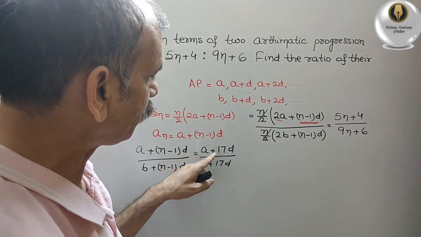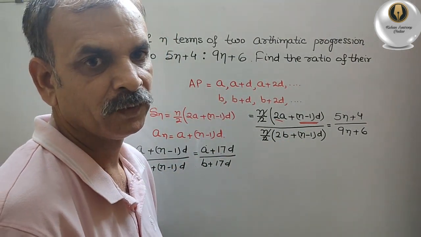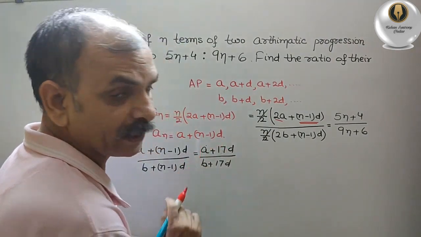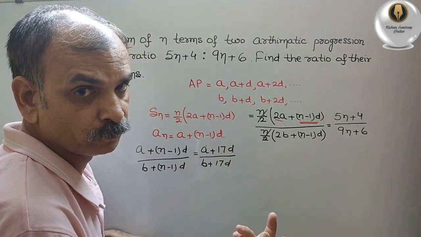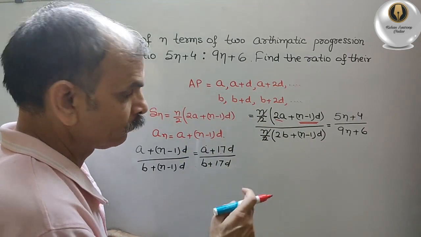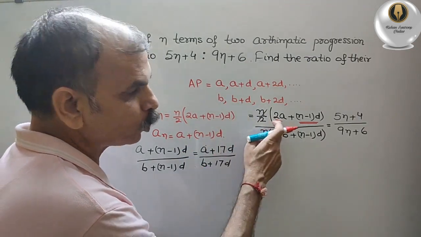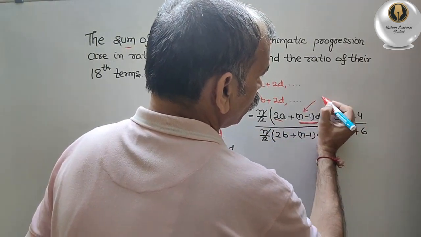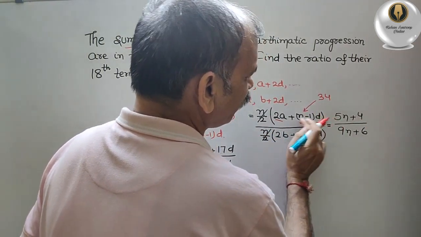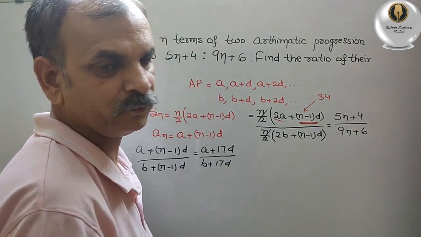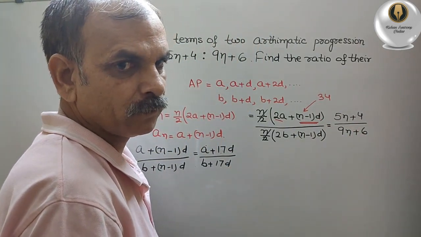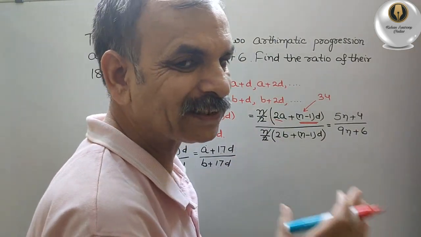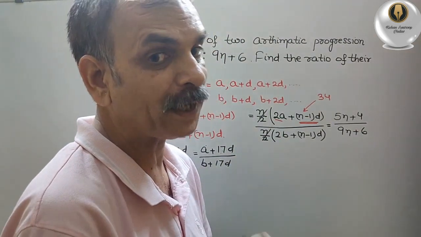But we want a plus 17d. So what we will do? Just multiply 17 into 2. 34 minus 1 is 33. We don't want that, because when we divide by 2 you will get 33 by 2. We want 34 by 2.